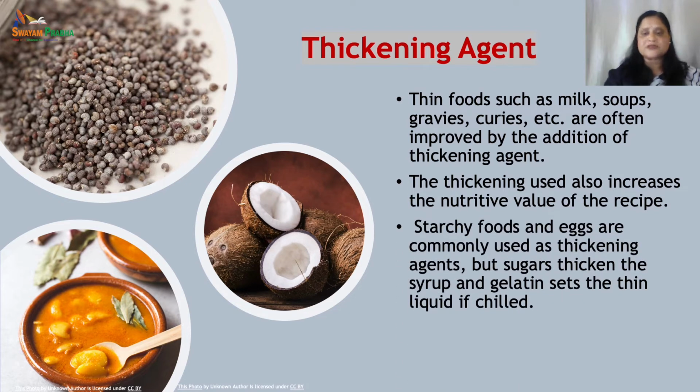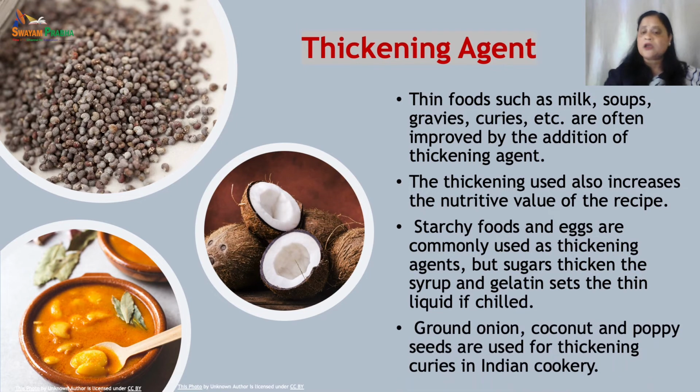Starchy foods and eggs are commonly used as thickening agents, but sugar thickens the syrup and gelatin sets the thin liquid if chilled. Ground onion, coconut, poppy seeds are used for thickening curries in Indian cookery.